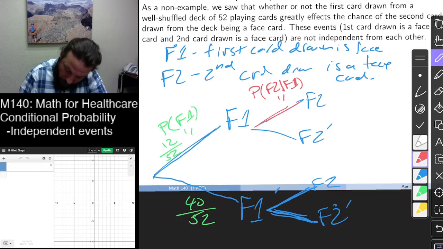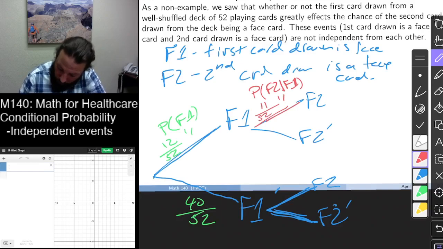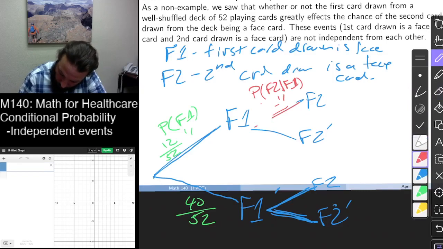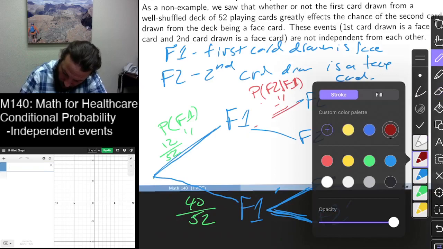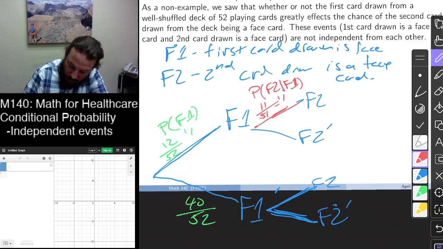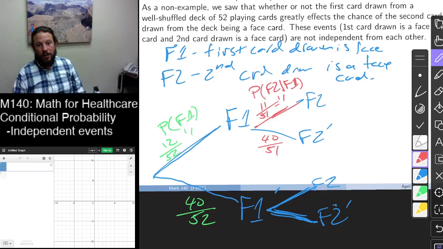Since a face card was chosen first, we have 11 face cards and 51 cards left. That gives us 40 out of 51 for the probability that the second card is not a face card, given that the first card drawn is a face card.